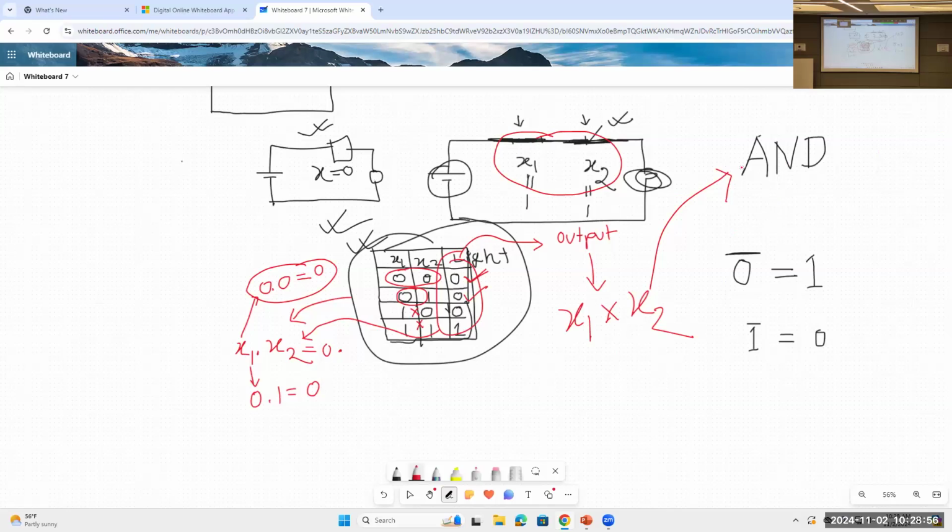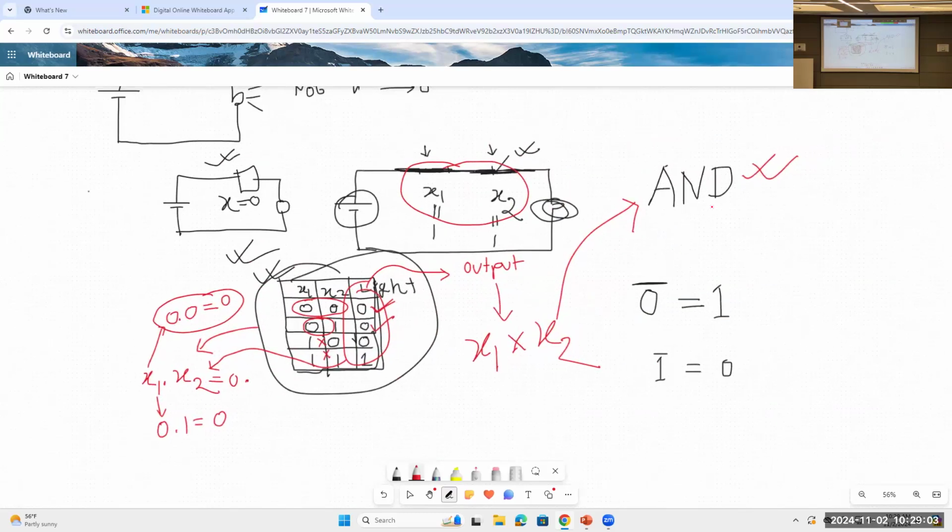After we've finished all the basic operations, you can compare what the difference is. We'll come back to it later. Just remember that if we connect two switches in series, it creates an AND operation, and if we represent the switches as variables x1 and x2, this is simply a multiplication operation, also called an AND operation.